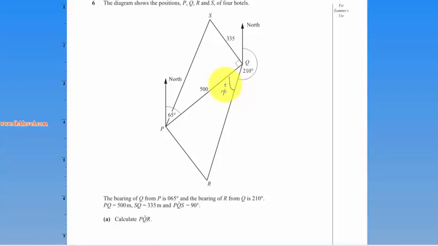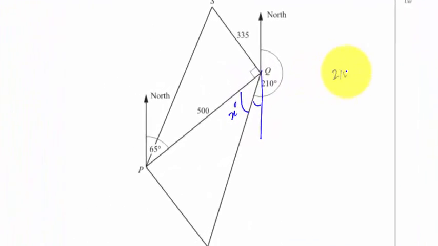This is the required angle. Before starting this, we do not have any lengths given here in this triangle, so this could be found out by using these bearings and alternate angles. This is north of P, this is north of Q with 210, extend this line to its south. We will get this angle, which is 210 minus 180.